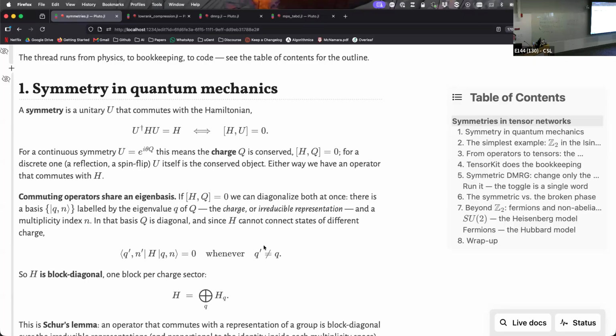Each one of these sectors is labeled by the eigenvalue of this symmetry operator, and my Hamiltonian can never mix things between different sectors. Effectively, that means I have block diagonalized my Hamiltonian.